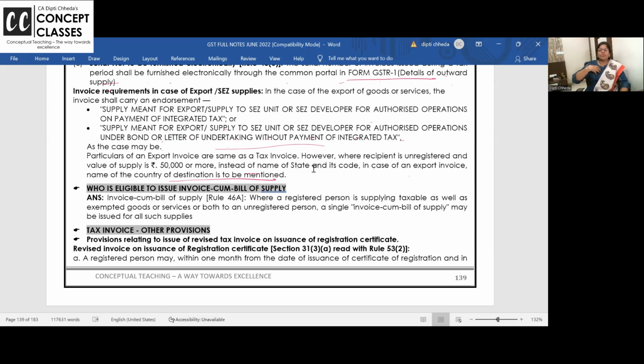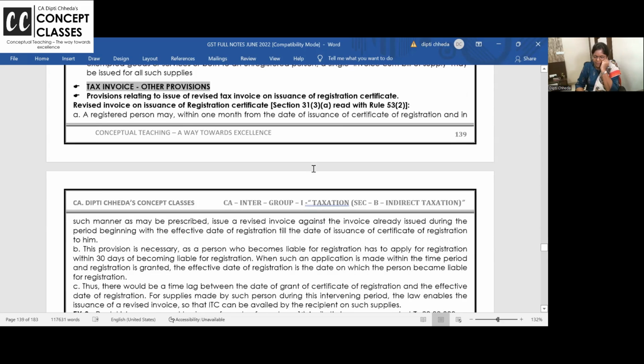If I am supplying to you taxable goods, for that part it is tax invoice, and I am also supplying you exempted goods, for that part it is bill of supply, because वो exempted goods के लिए neither I can give you tax invoice nor you can claim ITC because these goods are exempted. So if in one single bill I am selling you taxable and exempted products, then for taxable goods it will be tax invoice, for exempted goods it will be bill of supply. That's why invoice cum bill of supply. ठीक है?